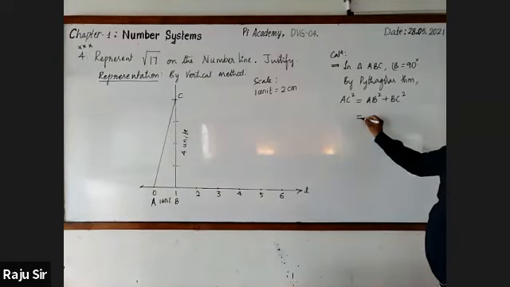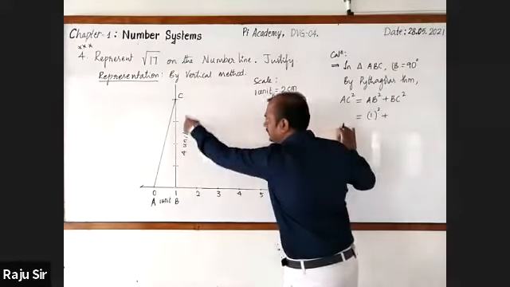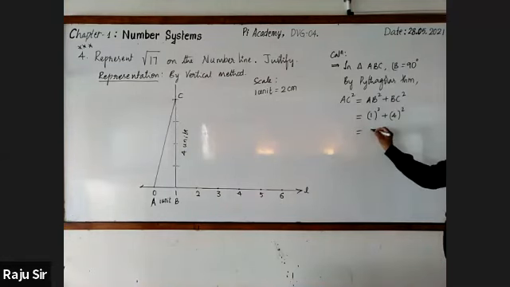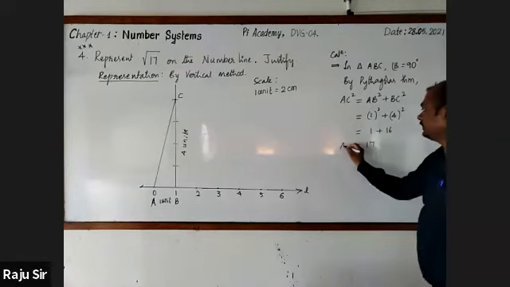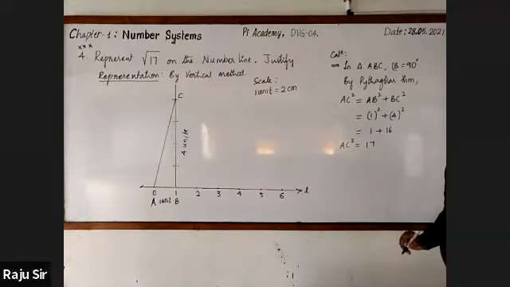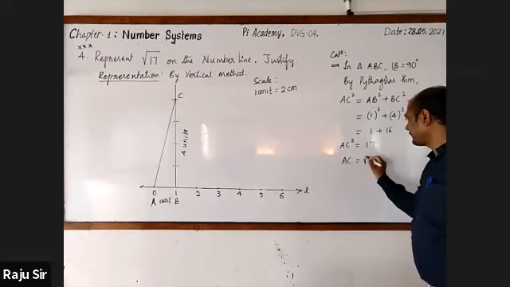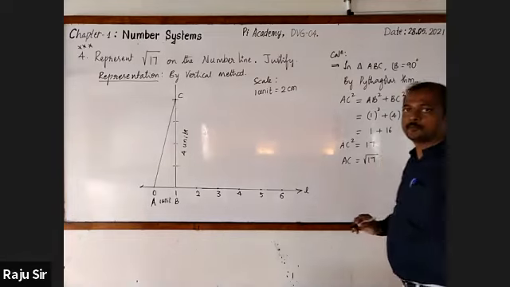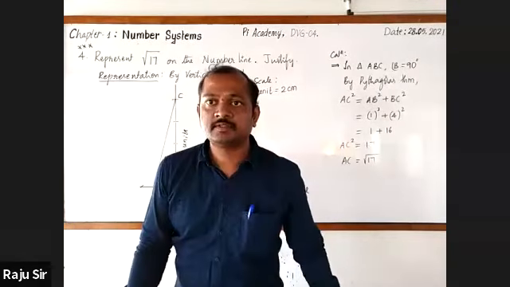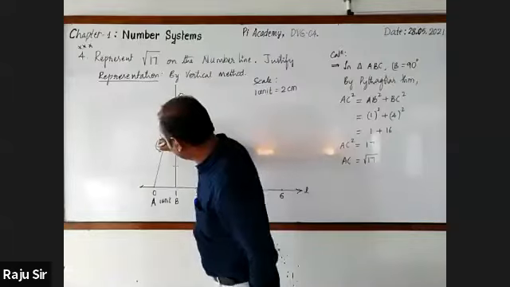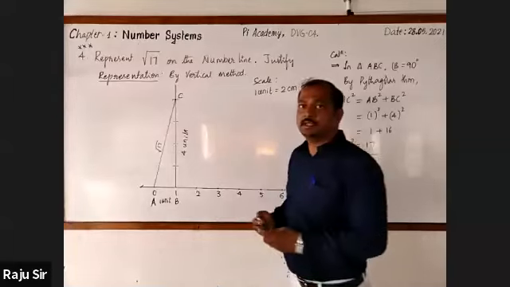AB is 1 unit, whole square; BC is 4 units, whole square. 1 square is 1, 4 square is 16, 1 plus 16 is 17. AC square is equal to 17. What is AC? AC is root 17, on the line AC.